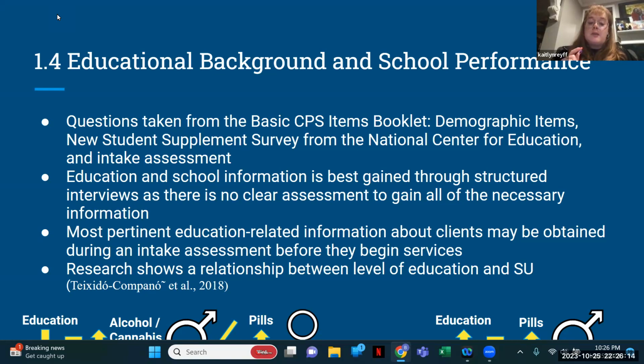And then also for women, lower education is kind of more on the pill side of addiction, whereas higher education for men, they get more into pills and that sort of addiction. So different education levels are important to know to base assessments on different addictions.